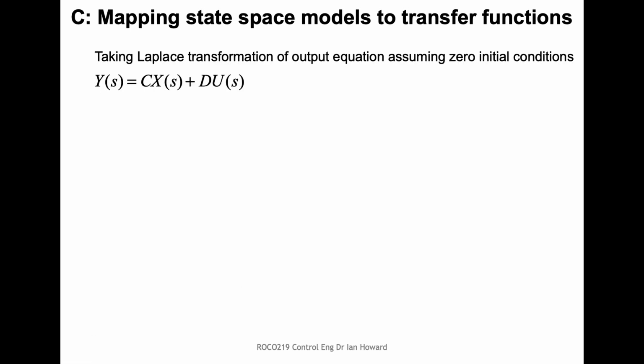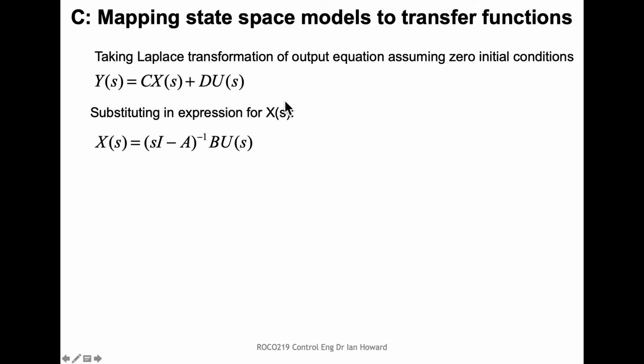Now we want to put in the expression for the output, because we've already got the expression for x, but we want to get rid of the intermediate things. So what we do is substitute now the expression, taking the Laplace transform of y equals Cx plus Du. So y goes to Y(s), x goes to X(s), and u goes to U(s).